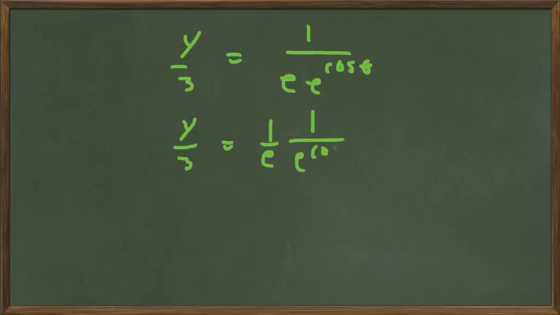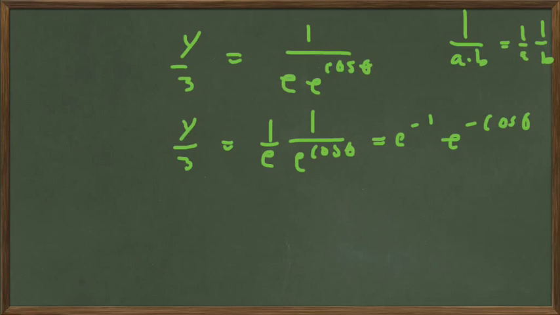Because 1 over a times b is 1 over a times 1 over b, and 1 over e is e to the minus 1, and this is e to the minus cosine theta, and then multiply by 3, and we get 3 over e to the minus cosine theta.